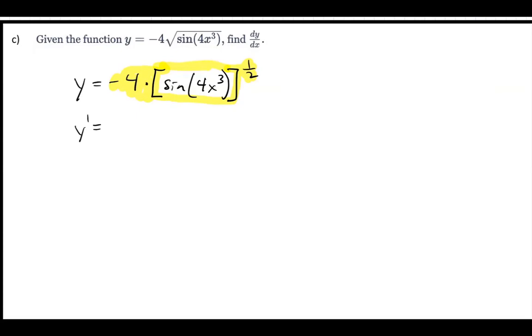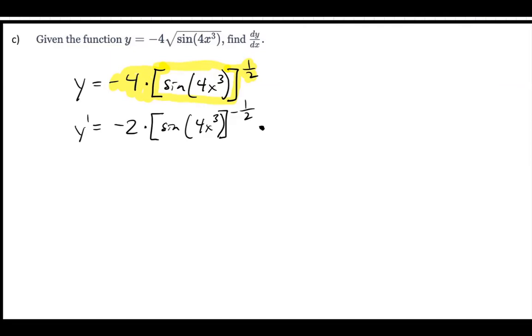you're going to get -2 times, and then the inside stays the same, to the -1/2 power, right? Because I subtract 1 from the power. Okay.